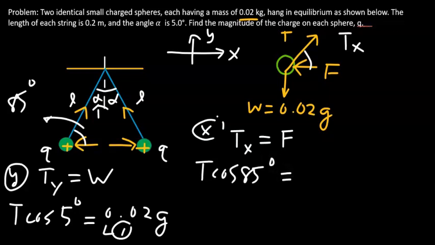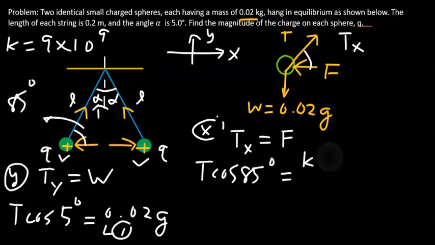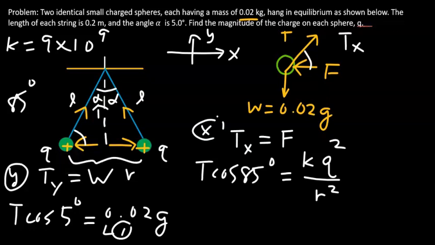Electrostatic force is given by Coulomb's law. It is the constant K, whose value is 9 times 10 to the power 9 in SI units, times the product of the two charges Q and Q. We don't know the strength of the charges, that's exactly what we want to determine, over the square of the separation distance. The separation distance R is that. So R will be this distance times 2. What is that distance?